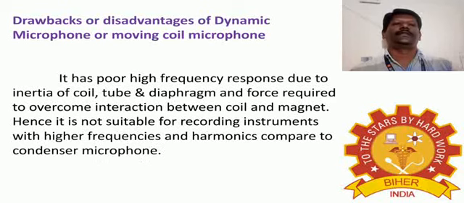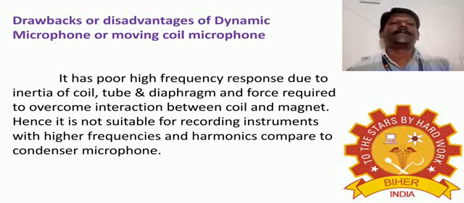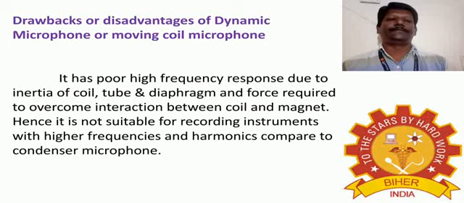Drawbacks and disadvantages of dynamic microphone or moving coil microphone. It has poor high frequency response due to inertia of coil, tube and diaphragm and force required to overcome interaction between coil and magnet.